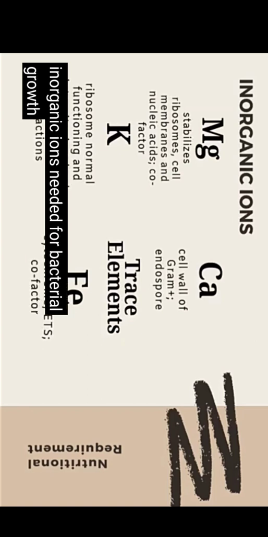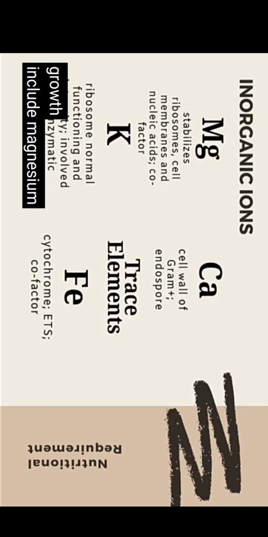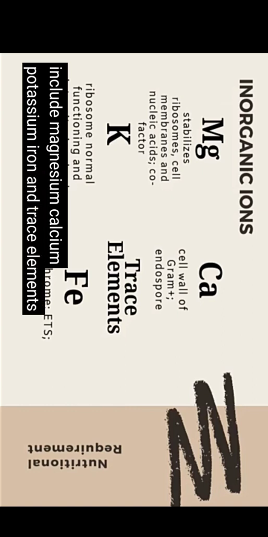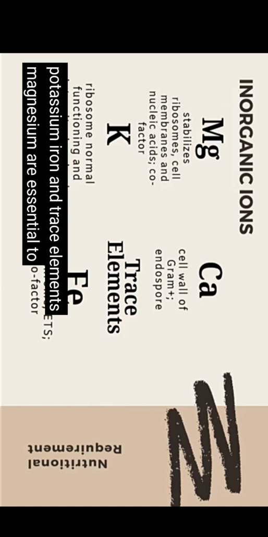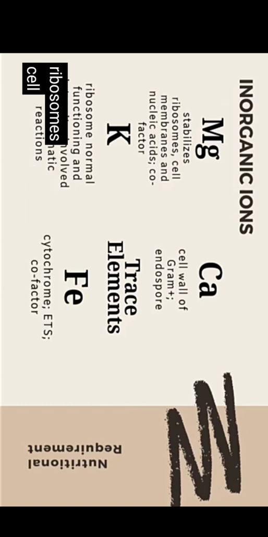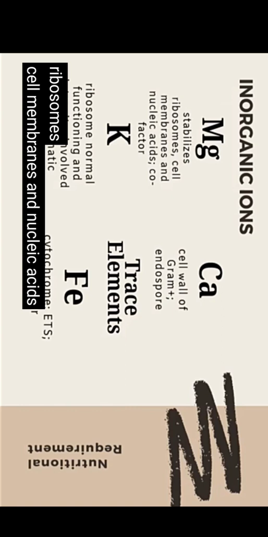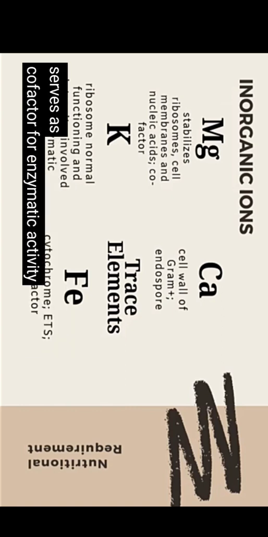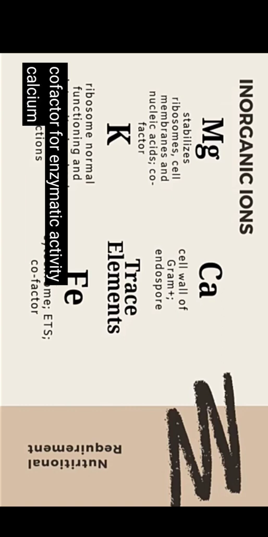Inorganic ions needed for bacterial growth include magnesium, calcium, potassium, iron, and trace elements. Magnesium is essential to stabilize ribosomes, cell membranes, and nucleic acids. It also serves as a cofactor for enzymatic activity.